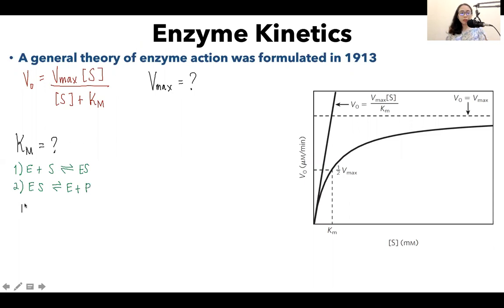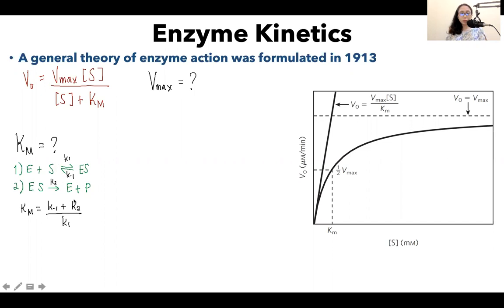Recall that your Michaelis-Menten constant is equal to K sub negative 1 plus K2 over K1. So again, if we consider that the second step in our reaction is the slow step, it means that K2, or the rate constant for the second step, is smaller than the rate constants for the forward and the backward reaction of the first step.